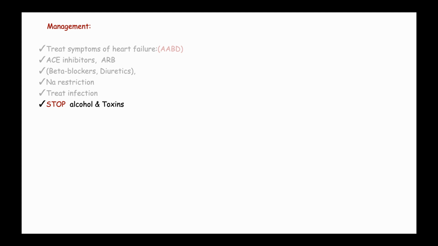And so when we stop the intake of alcohol, we see drastic improvement in the systolic function of the patient. Then we must also avoid all toxins such as cocaine. We must avoid all of them. And if the patient is on some chemotherapeutics which are toxic to the heart muscles, then we may have to change these chemotherapeutics to other ones to help this patient.